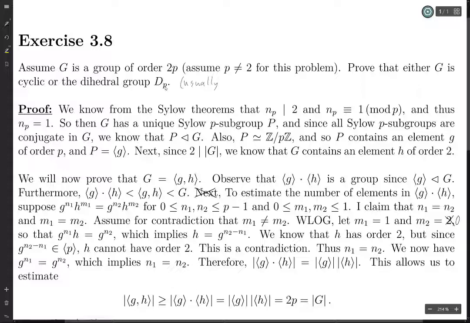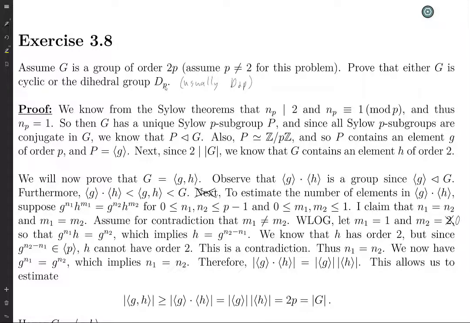Usually this would be D2P. There are different conventions here. If you look at a dihedral group, it is a group of symmetries of, say, an n-gon. And if you're referring to the group of symmetries of an n-gon, then that group is going to have 2 times n elements.